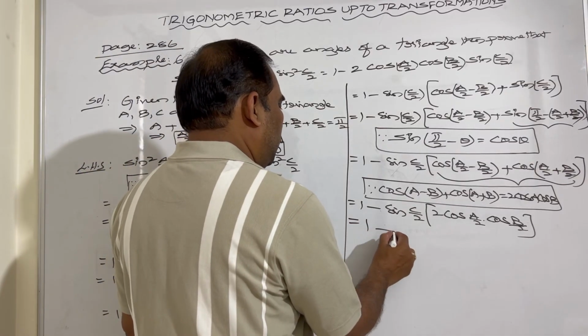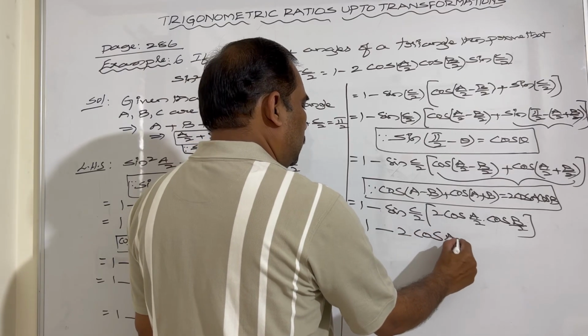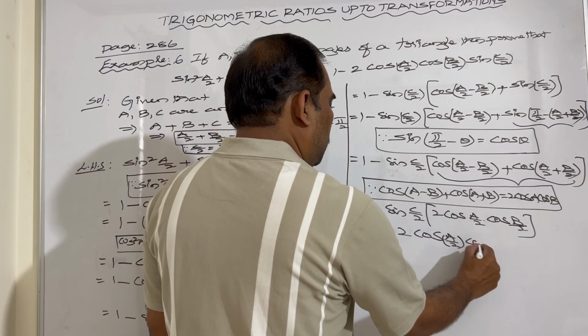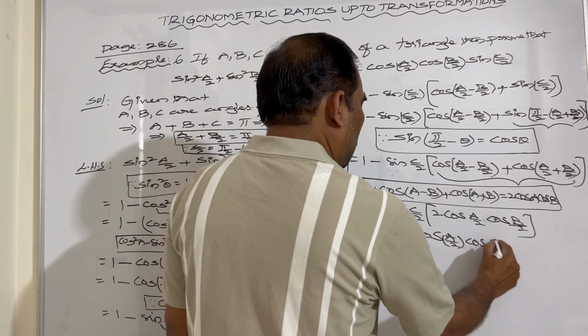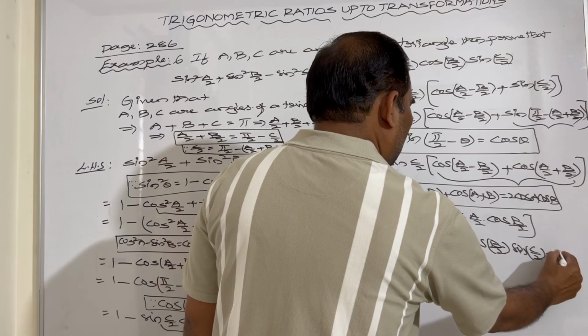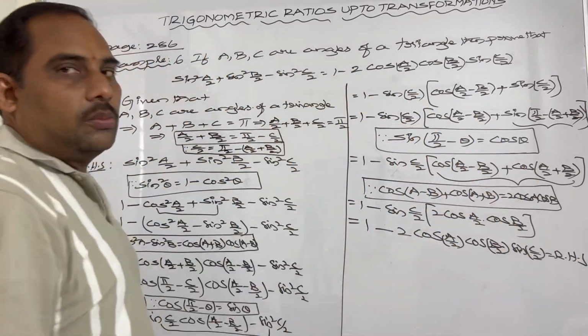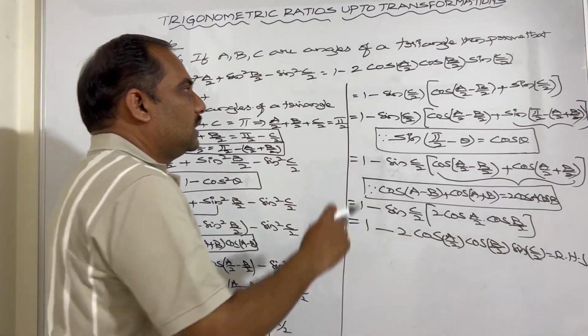Finally we get 1 minus, if you multiply with sin C by 2, 2 into cos A by 2 into cos B by 2 into sin C by 2. Observe that this is only the RHS we require to prove: 1 minus 2 cos A by 2 into cos B by 2 into sin C by 2.